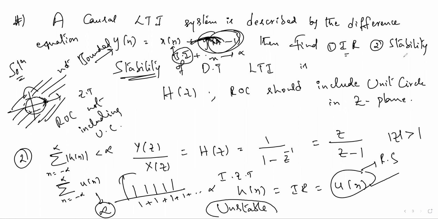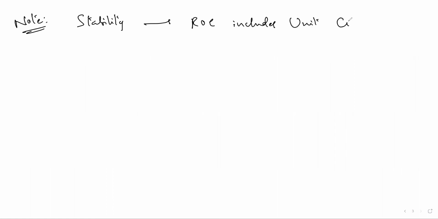One more question. How to determine stability and causality in the z transform. Let us recall once again. I'm clearing this page. Stability: the ROC includes the unit circle. Causality: mod z greater than some pole.